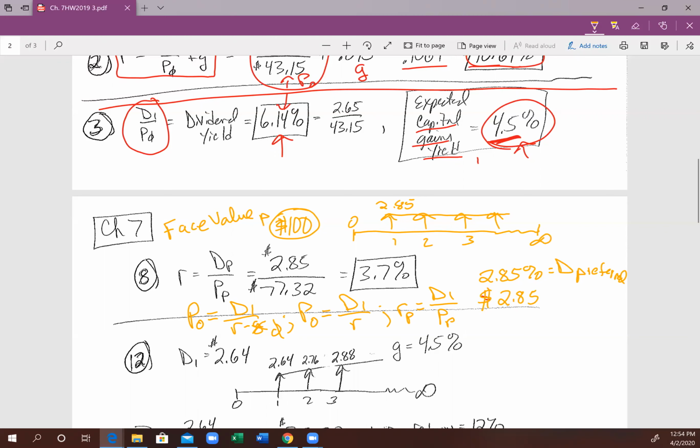So if we have a $2.85 dividend and a price of $77.32, that's going to imply a return of 3.7%. Dividend divided by price.